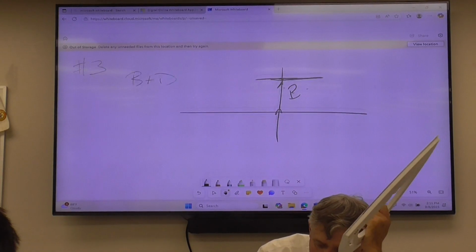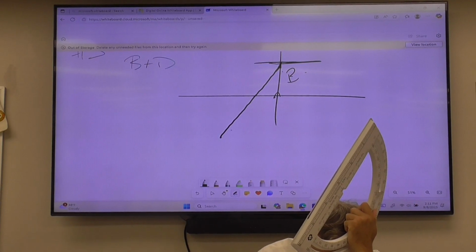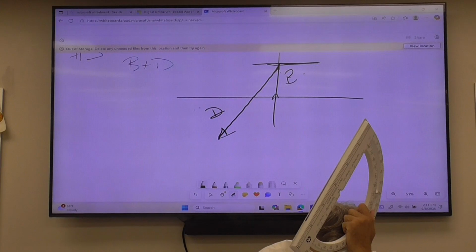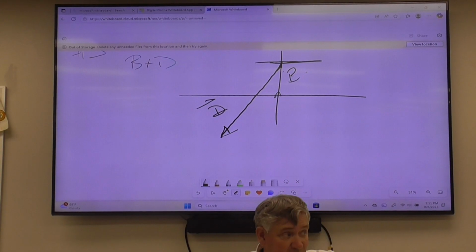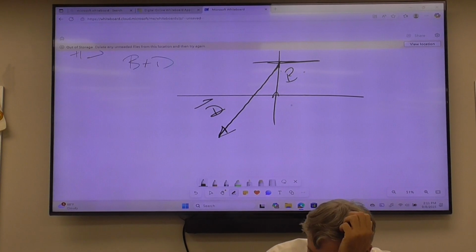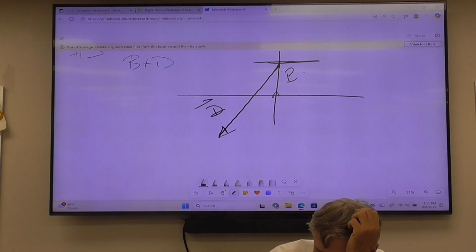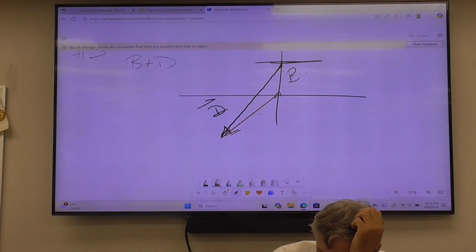So I'm going to draw that coming around here like this. Boom. There's my vector D. So I came up 3, and then from the end of that I drew vector D. So what you're after is the resultant. So that resultant is going to go from that origin out to here.